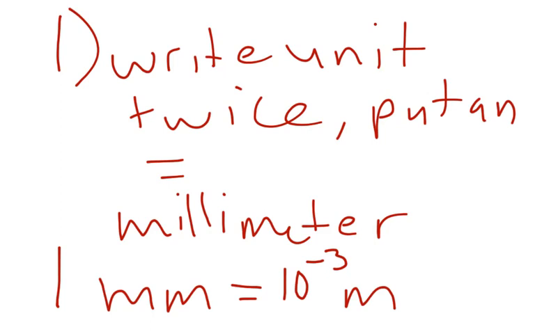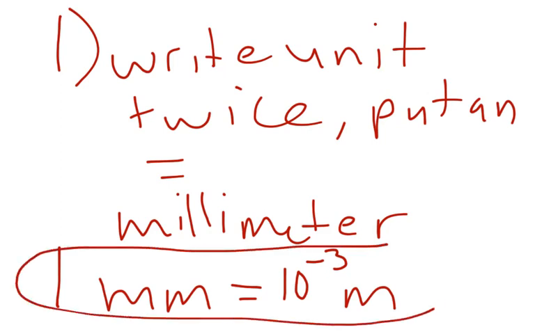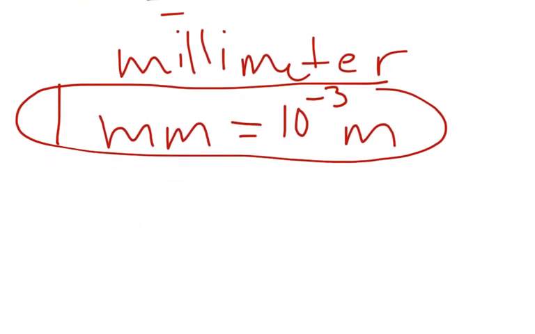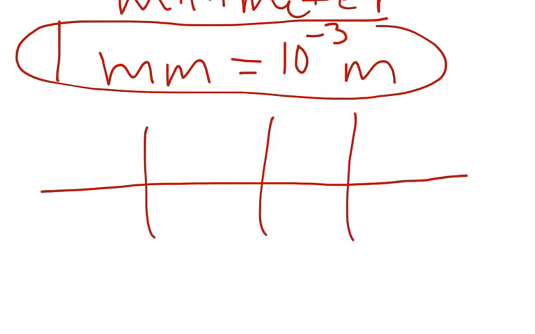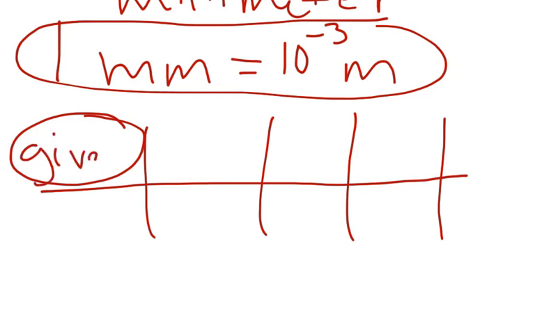Where we're going to use this thing called an equivalent statement is in dimensional analysis. Dimensional analysis is just a fancy term for changing one set of units to another set of units. Typically in dimensional analysis, you're going to see a line like this with a bunch of lines going vertically, and the thing in the front here, we call the given.